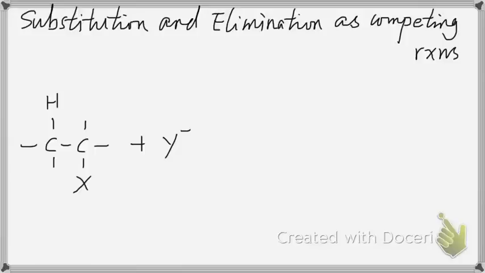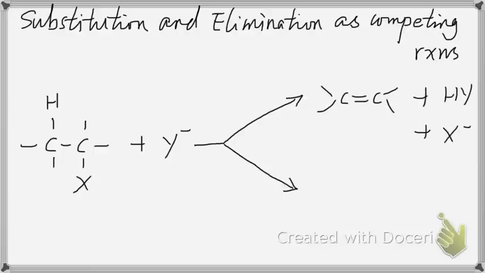So, for both substitution and elimination reactions, we have two starting materials. One is an alkyl halide. The other one is a base, or we can also call it a nucleophile. We have two routes here.